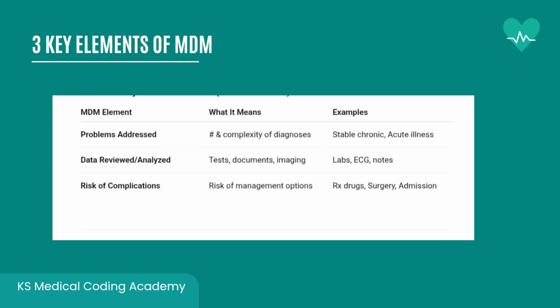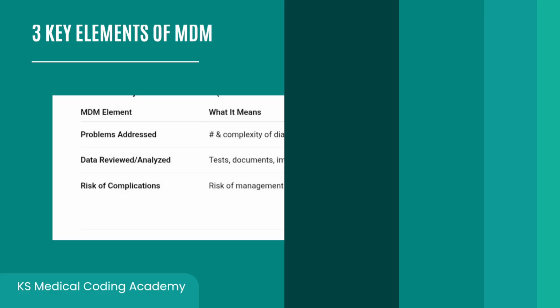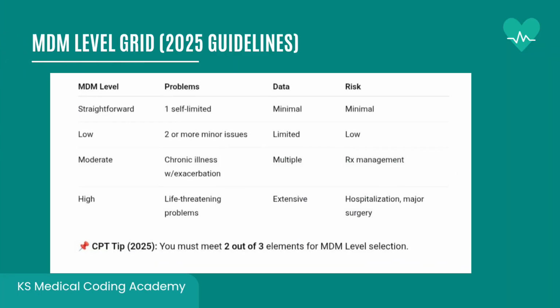According to the 2025 CPT guidelines, MDM is based on three elements: the number and complexity of problems addressed, the amount and complexity of data reviewed or ordered, and the risk of complications or morbidity from patient management. To assign an MDM level, at least two of these three elements must meet the criteria for that level. Let's look at the 4 MDM levels and what they involve. Straightforward: 1 self-limited problem, minimal data, minimal risk.